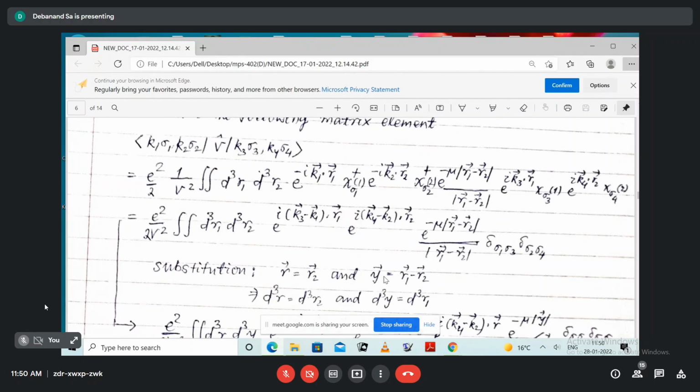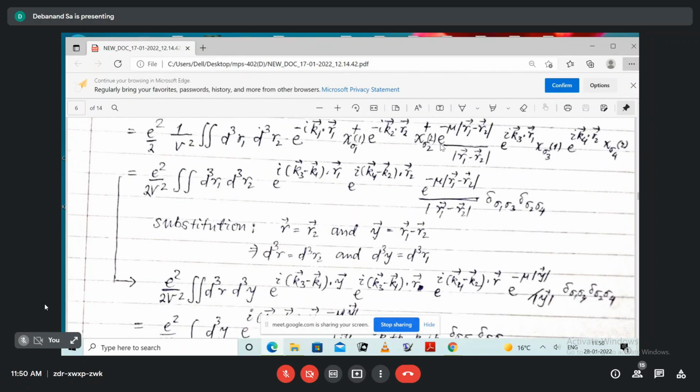Sigmas, basically 2 sigmas, I can pair: 1 dagger, 1 undagger, sigma 1, sigma 3, and sigma 2, sigma 4. So there will be 2 delta functions in the spin sector, and the orbital part, I had to put in a proper way by looking at this term, r1, r2. So r1 minus r2, I'll put it like y, and then r2 I can put as r, so that I can simplify this and do the integral.